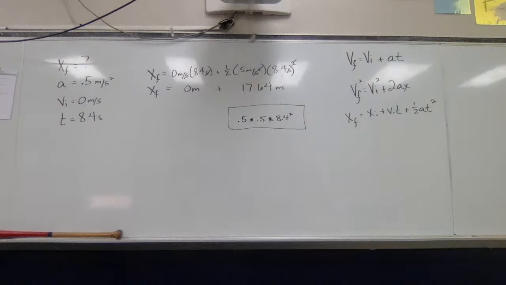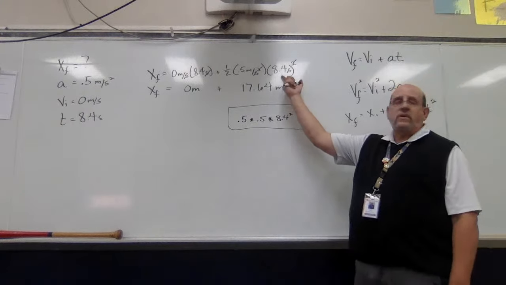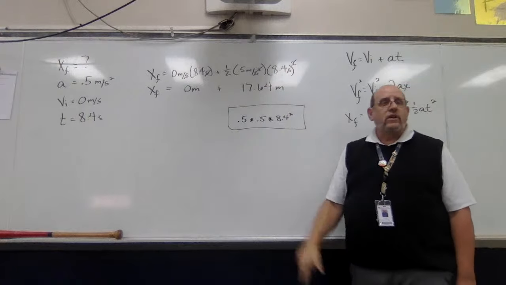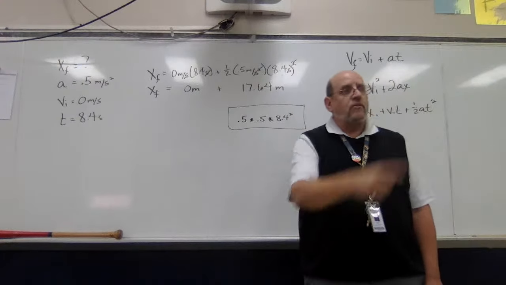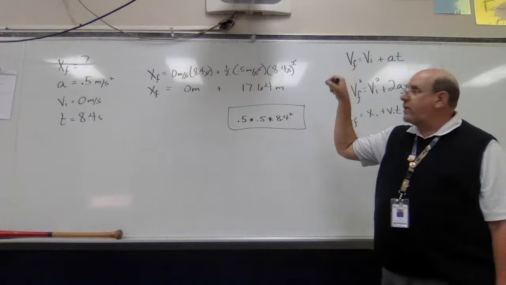Yeah, but you also cancel the square? No. 0.5 times 0.5? I'm talking about 8.4 squared. Why? Because you have to square the time. Oh. The only reason it canceled is I was canceling units to end up with meters. My fault. How did you get 2.5? That's how I confused Thornburg by doing it that way.